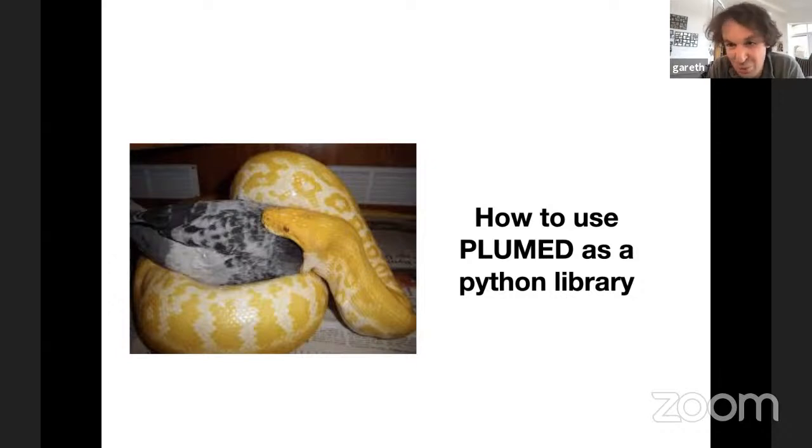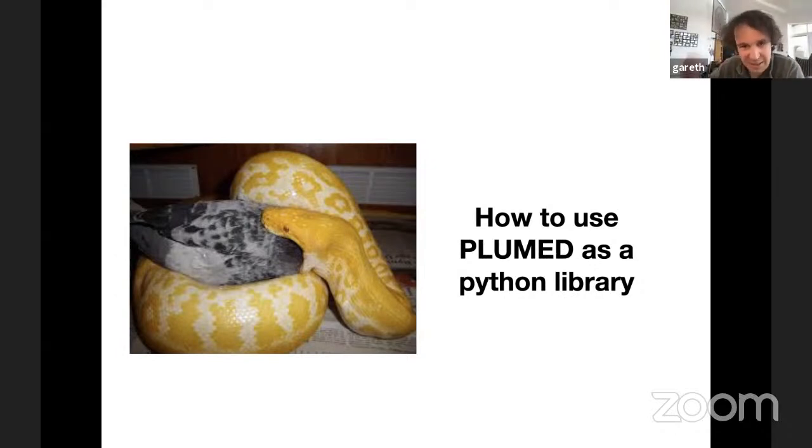If you don't want to use the Plumed tools like SumHills, you can get the output from Plumed and implement your own SumHills in Python if that's what you want to do. Similarly with reweighting and so on and so forth. I'm not going to talk too much about that. It's explained in the exercise and you can have a go at that.